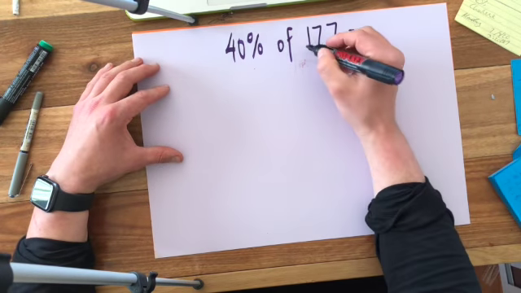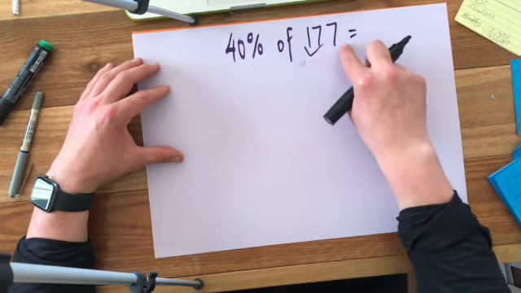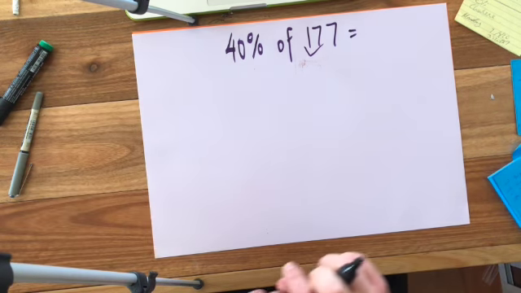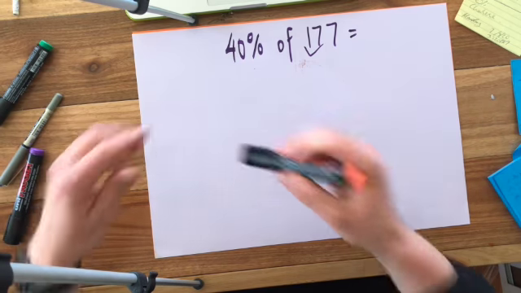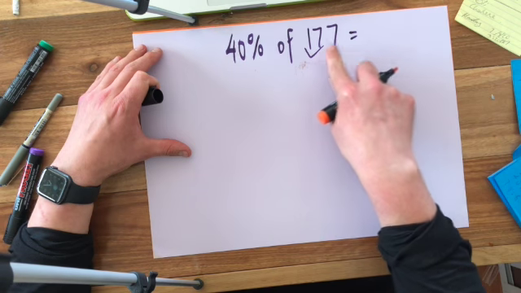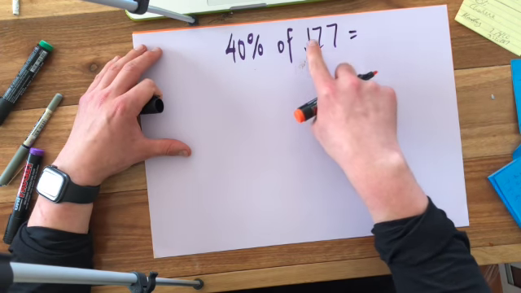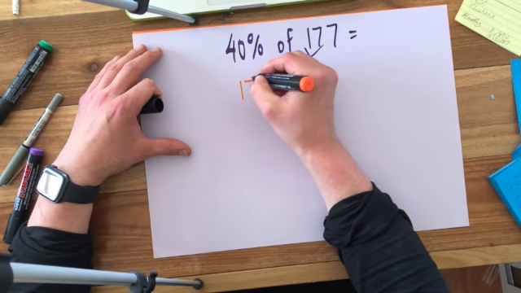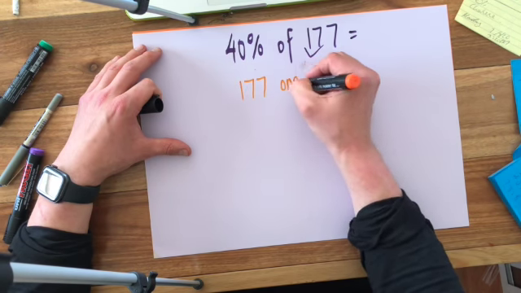Now, I don't want to look at the tens and the ones individually. I need to rename them. So what I'm going to do is look at my number a little bit differently. I'm going to say this number is not 100, 7 tens, 7 ones, or 17 tens and 7 ones. I'm going to say it's 177 ones.